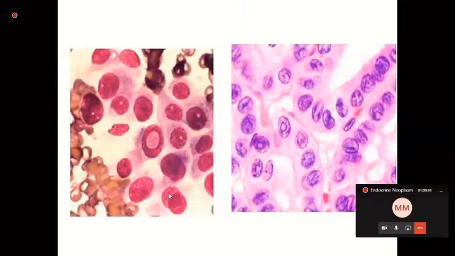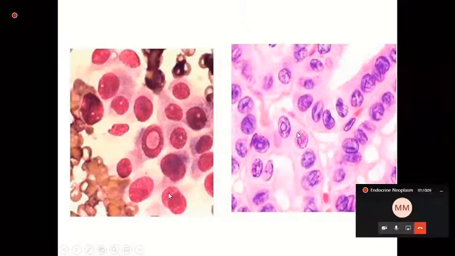It's like honeycomb, isn't it? And abundant colloid. But if we see irregular shape of cells and no colloid, and you can see these features of the cells, nuclear groove, coffee bean, and intranuclear inclusion, in this case it is abnormal.